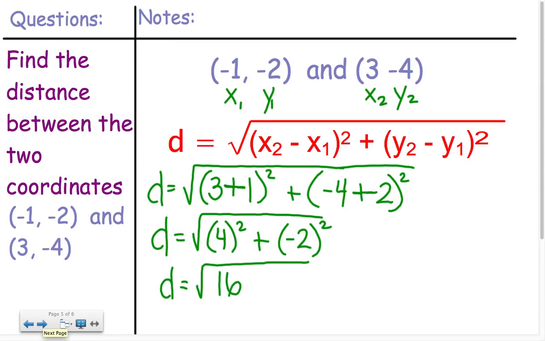So 16 plus 4, which is 20, which equals 4.47, or we'll say 4.5. We'll round to the nearest tenth.